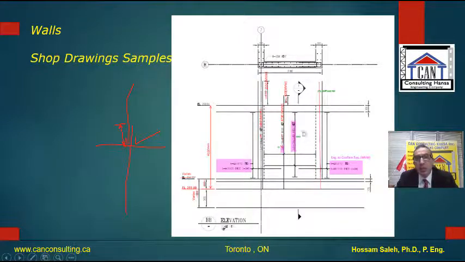And one of the other items which they miss on their drawings is the number of bars. So say I have bars at 200 millimeter on center, and you have 4 meters. So if you say 4 meters, and each meter will have 5, it will be 20 bars. They can give you 20 bars, but that's not correct.